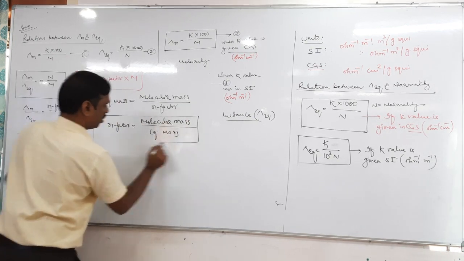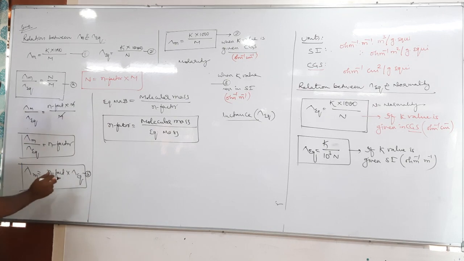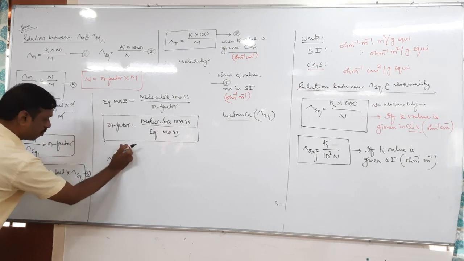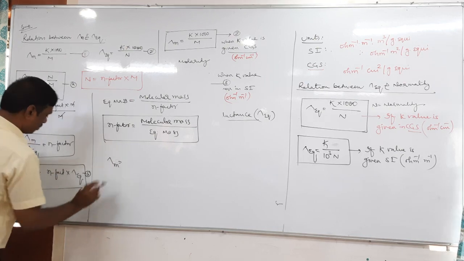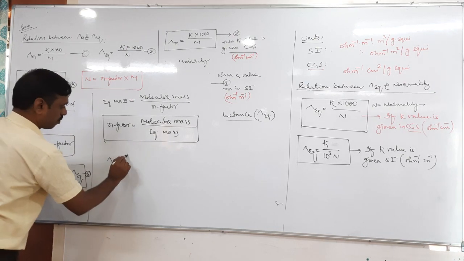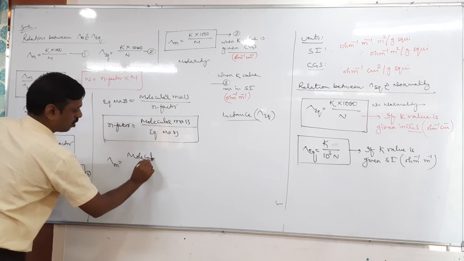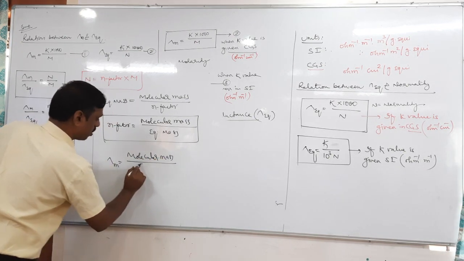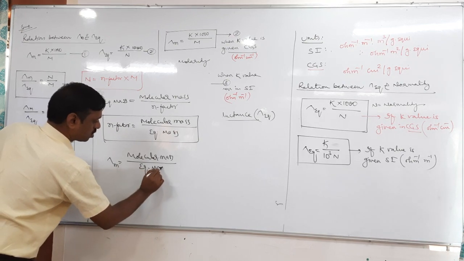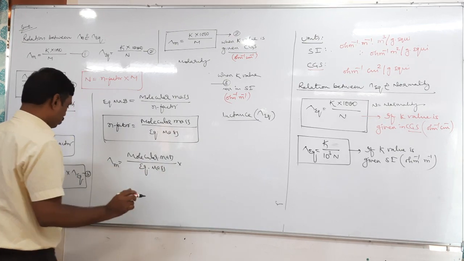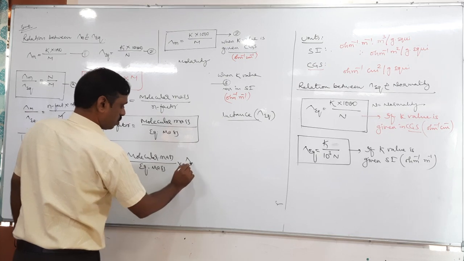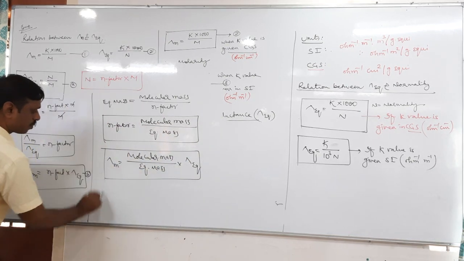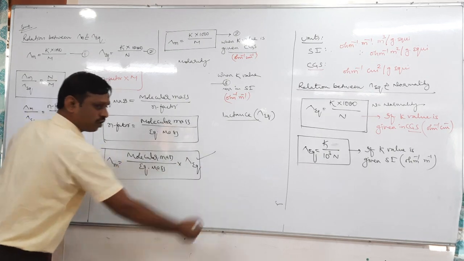So in place of n factor, there is another option: lambda m is also equal to molecular mass divided by equivalent mass into equivalent conductivity. This is also an option.